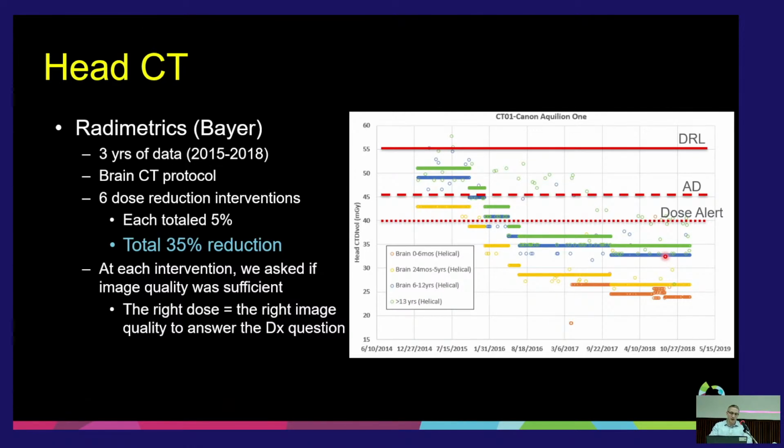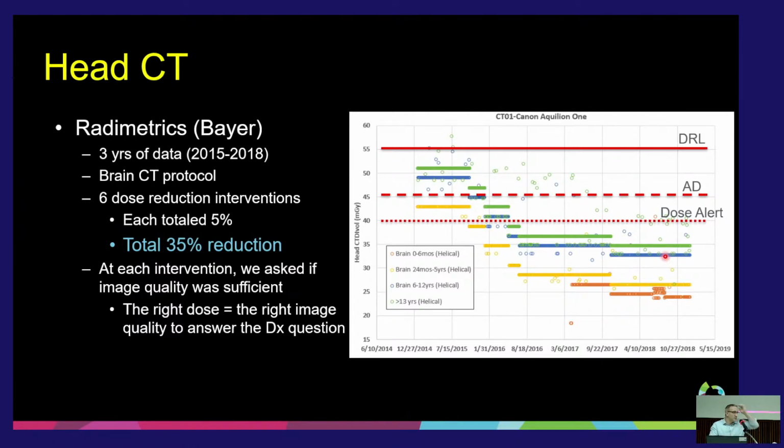So you need to do this in conjunction: radiologists, physicists, technologists. Everyone has to work together as a team. If you don't do that as a team, you can't make the decision. The neuroradiologists are going to tell you if they can see what they need to see. The physicists and the technologists are going to be able to play with those numbers.